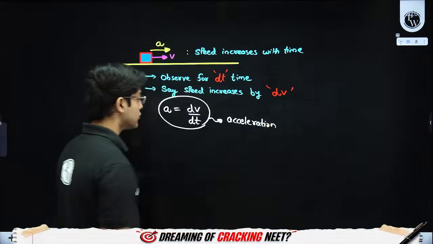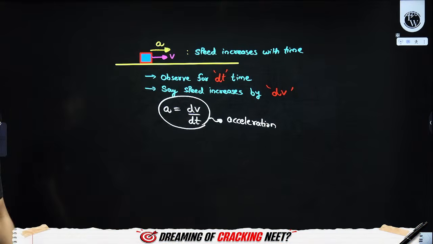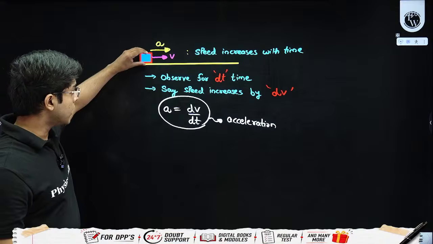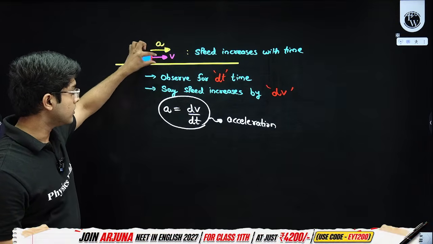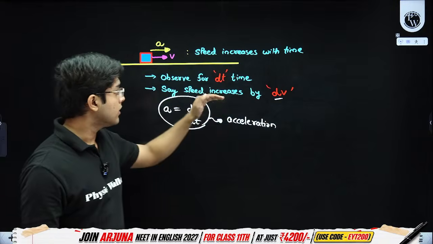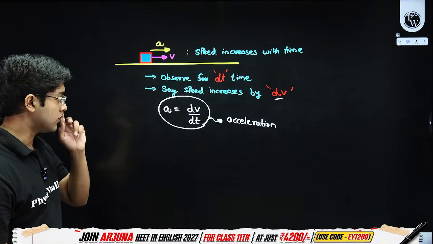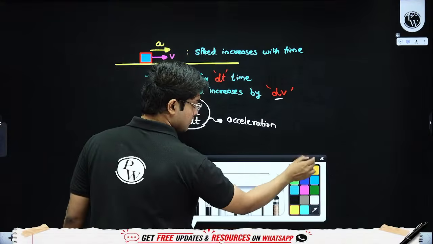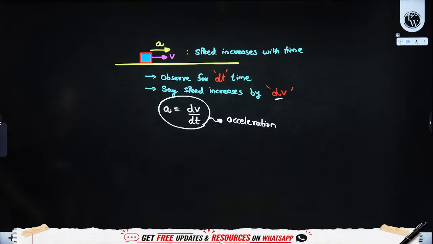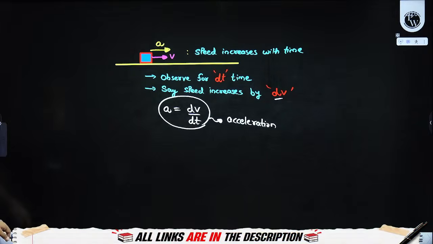So in a short time dt, you just observe how much the speed increases by, which I am calling dv. That dv by dt is the acceleration. So yeah, that is the main idea.